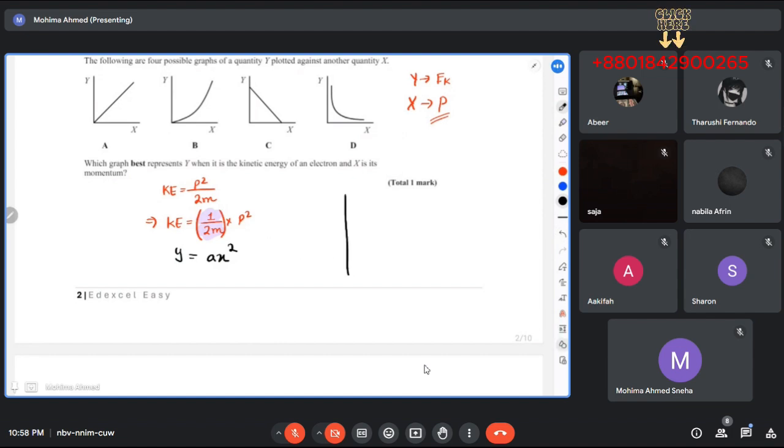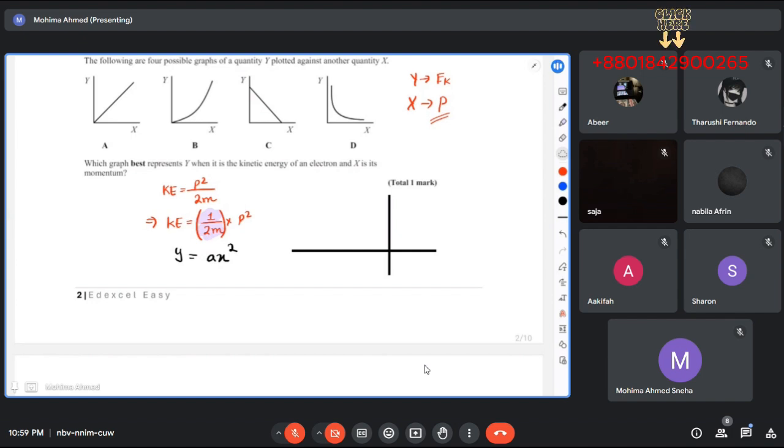And for a quadratic equation, this is how the quadratic graph looks. It has an a, which means maybe it was transformed a little bit or translated a little bit, right? From our P1, in A-levels P1, this represents the transformation. And in this case, a can never be negative, right? 1 over 2m is always positive because mass is positive, and 1 over 2 is a scalar number that could never be negative.